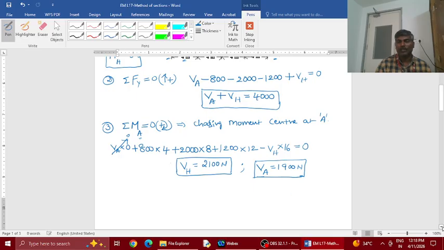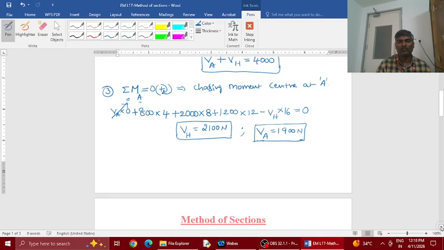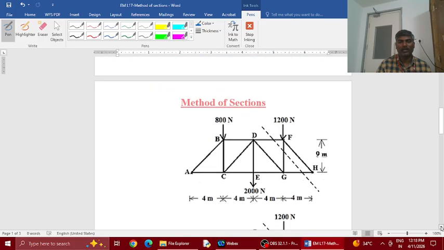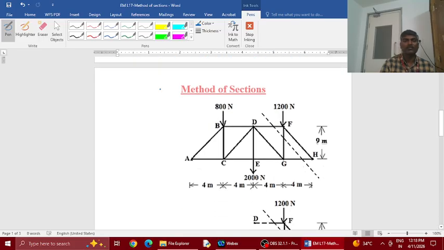So this is how we solve for support reactions. Once you solve for support reactions, what next? The method of sections says to pass a section through the truss, and see that the section shall pass through the truss cutting not more than three members or not more than three unknowns at a particular point of time.